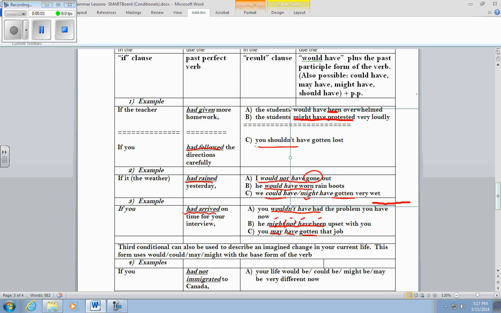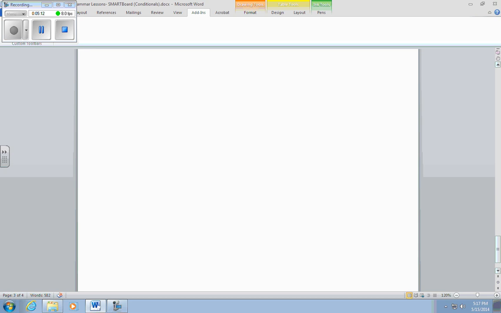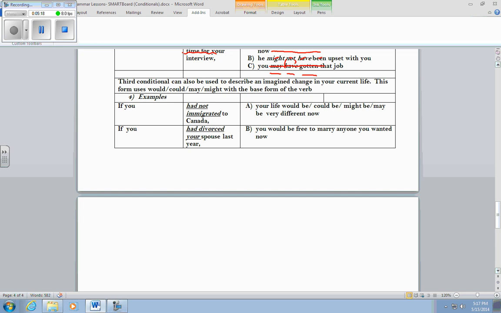Okay, and I want to look at something in the future for you in the next example. In the next example, you can look at the third conditional in your current life. So imagine that the third conditional can also be used to describe an imagined change in your current life.